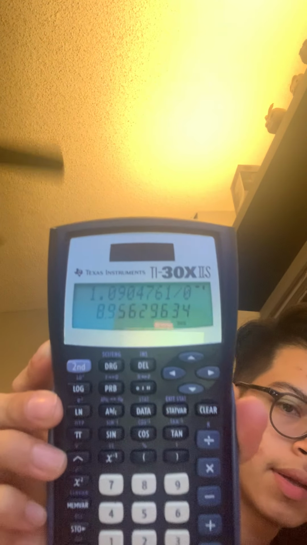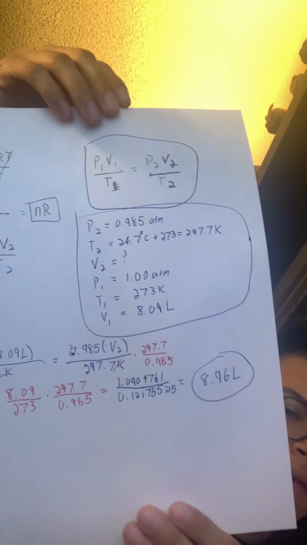So then dividing those, we get 8.956. So that's going to be 8.96 liters. That's going to be 3 sig figs. So there's our final answer.